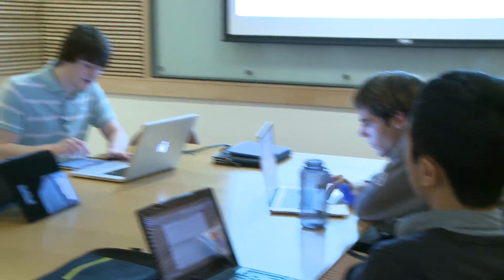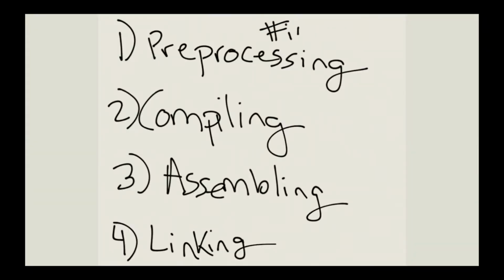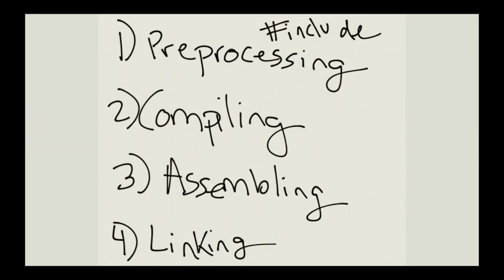It looks for things like #include and #define, and it just copies and pastes what those actually mean. So when you say #include cs50.h, the preprocessor is copying and pasting cs50.h into that line. When you say #define x 4, the preprocessor goes through the entire program and replaces all instances of x with 4. So the preprocessor takes a valid C file and outputs a valid C file, where just things have been copied and pasted.